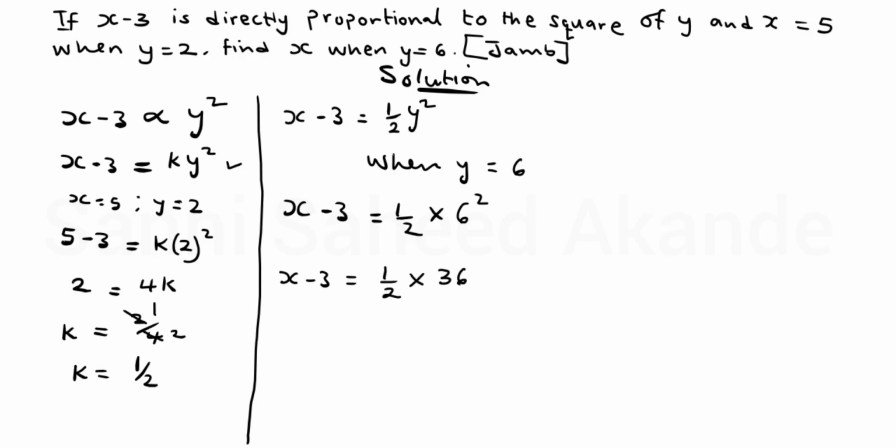So x minus 3 is equal to 18, since 2 goes into 36 eighteen times. So x is equal to 18 plus 3, because when it goes to the other side, it becomes plus 3. So we now have x equal to 21. All right, so that's the value of x when y is equal to 6.